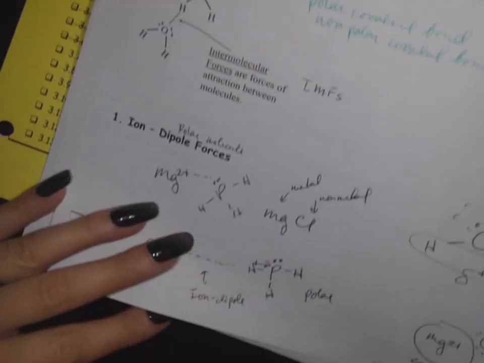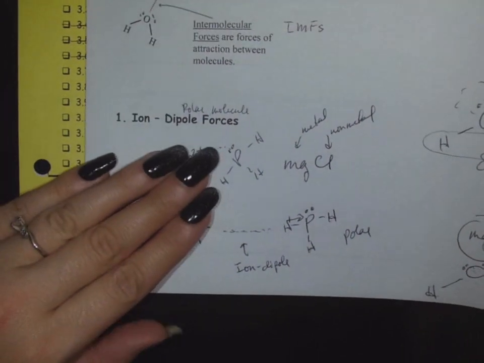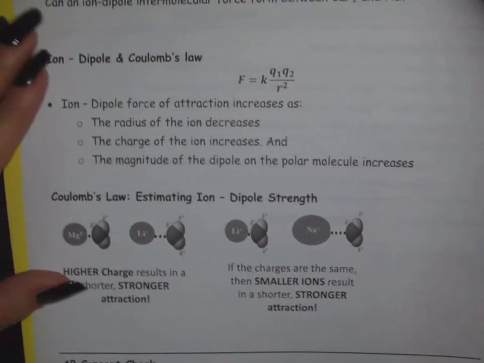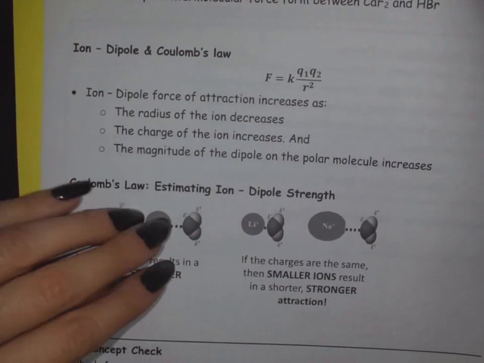All right, everyone, so here's the plan. Next class, we are going to spend a little time talking about ion-dipole forces and their difference in strength and orientation around molecules.